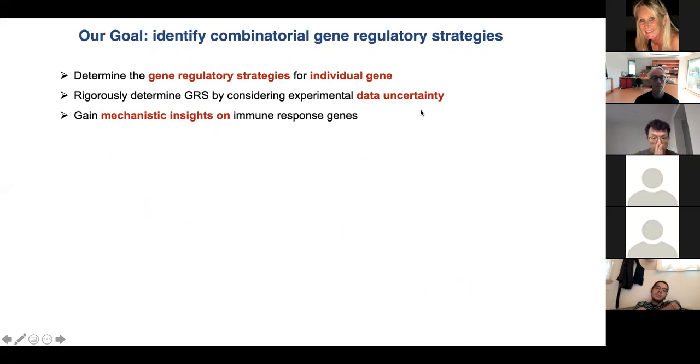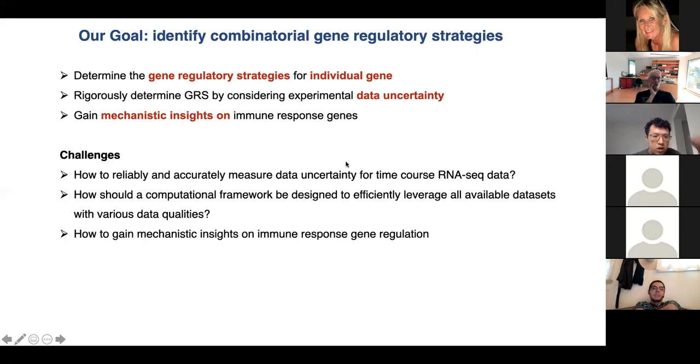This is a well-known problem: you have multiple data uncertainties, so how can you have rigorous determination? And finally, how can we gain mechanistic insights on immune response genes? Those aims turn out to be really challenging.